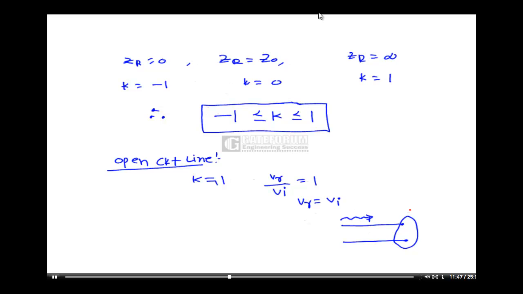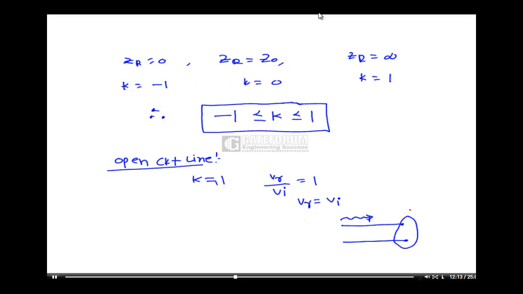So this additionally created electric field is added to the already existing electric field, and the voltage at the open circuit end is increased. This additional voltage gives rise to a wave which travels back to the sending end.